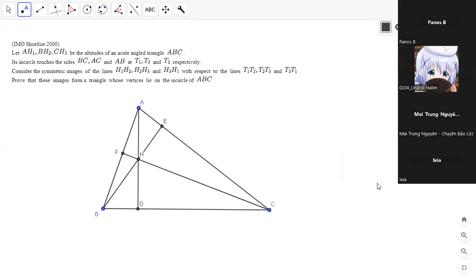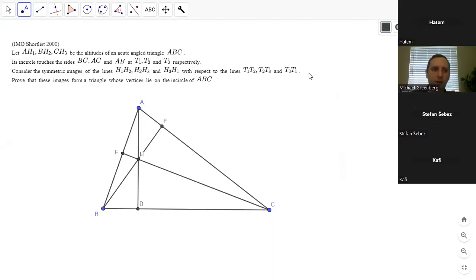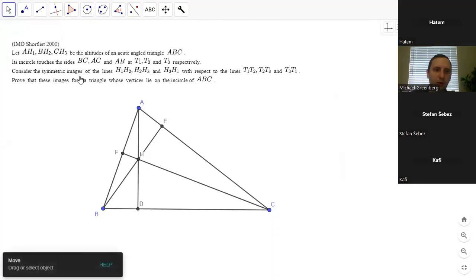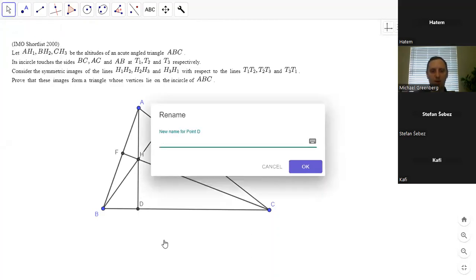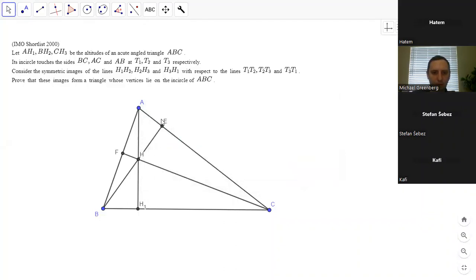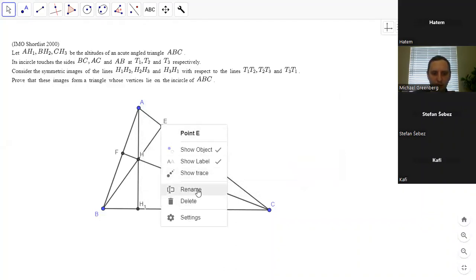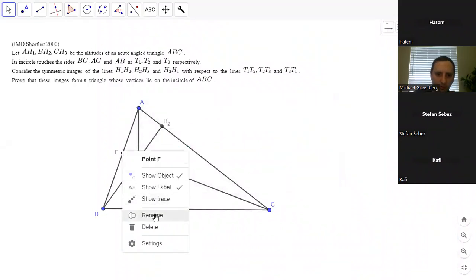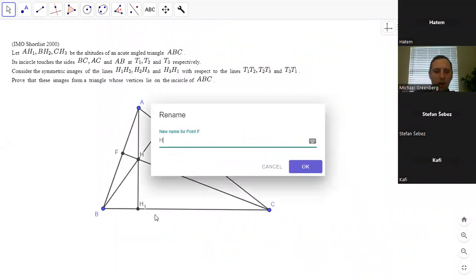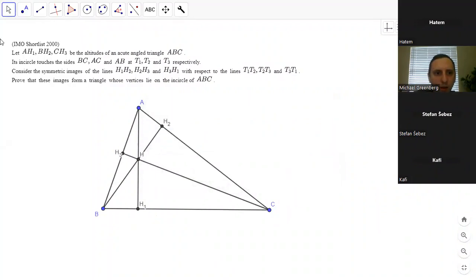Okay, I'll just continue. So let's see. This is from the IMO shortlist in 2000. So that's H1, H2. Sorry, I disconnected. Oh, I heard you. Yeah, this one is problem 6 of 2000.